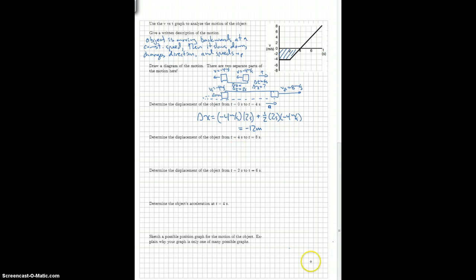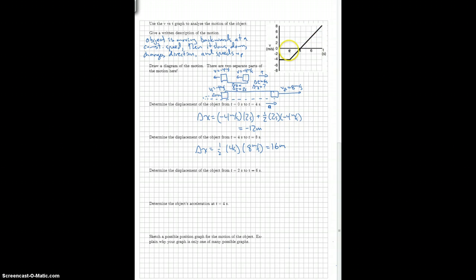The displacement from 4 to 8 is this triangle. So that's 1/2 times, it's 4 seconds wide, and it is 8 meters per second tall, which is going to give me 16 meters. Okay, finding the displacement from 2 to 6.